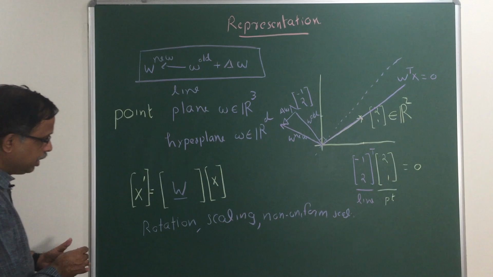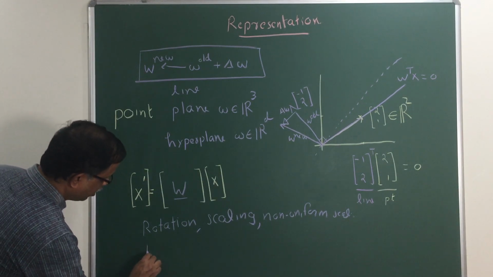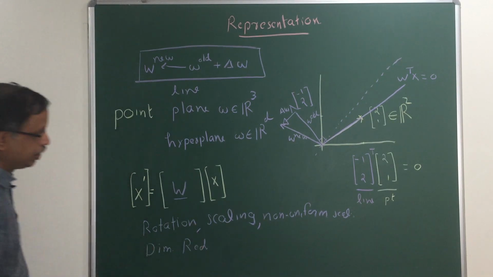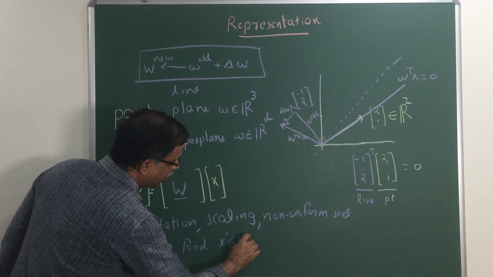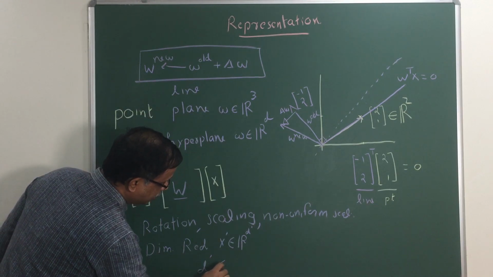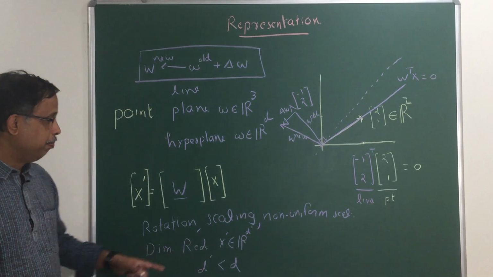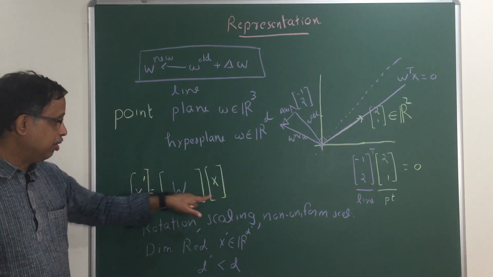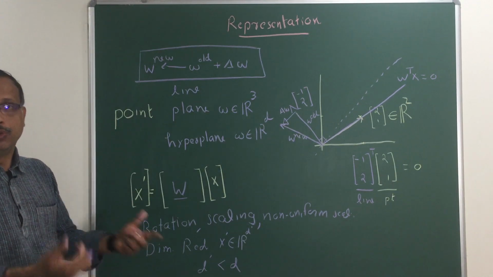W could also be doing dimensionality reduction, so your X prime is in a new dimension, where D prime is less than D. This is important because maybe we are removing certain features which are not relevant to the problem and getting a compact representation, which is very useful.